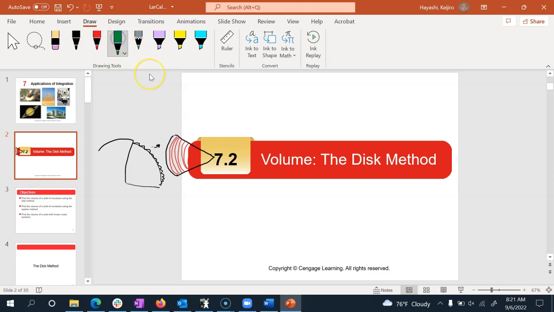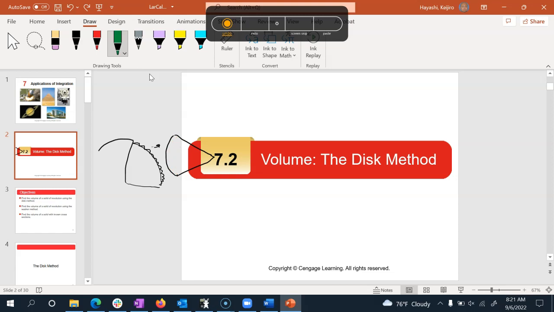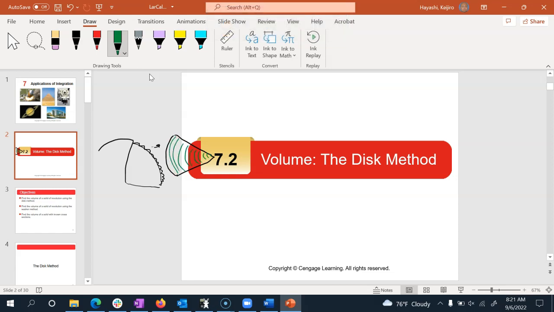Should have chosen a color other than red. Okay. So like that. Now, obviously, there are more circles than this.